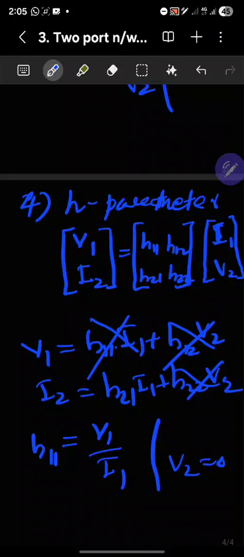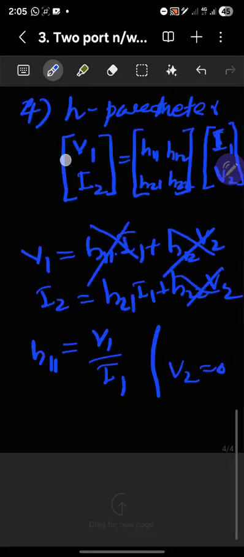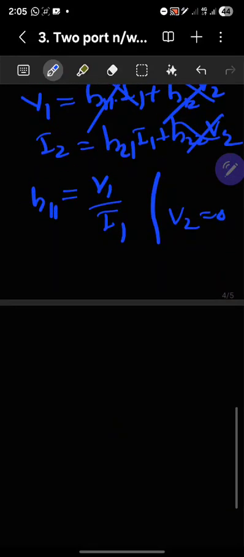The names of these terms we also have to understand. H11 is V1 by I1, right? So this is the short circuit input impedance. Is it equal to Z11?